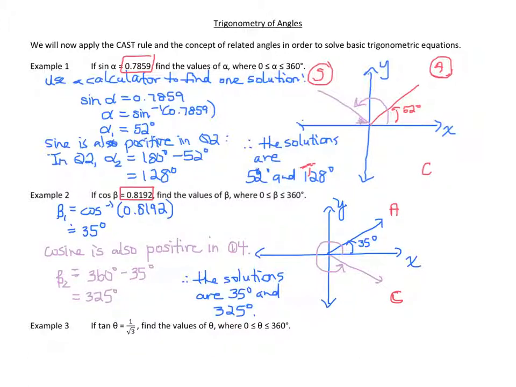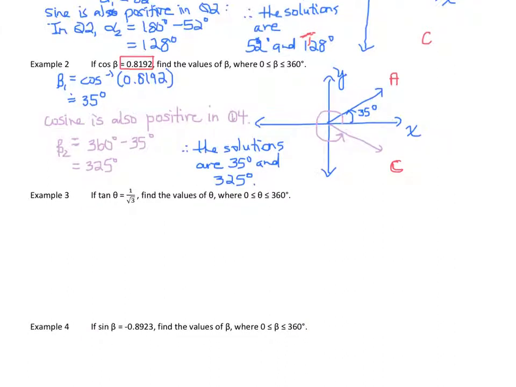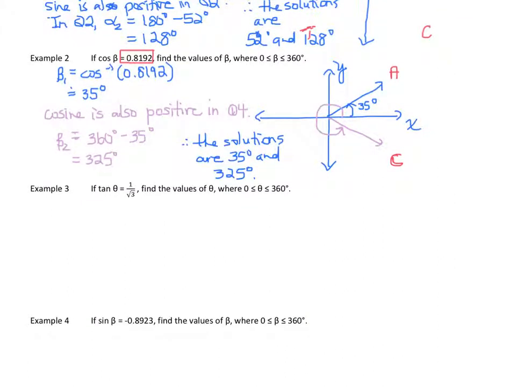Moving on, if tan theta equals 1 over root 3, find the values of theta between 0 and 360 degrees. Now this tangent ratio is given in exact form, and so we can use special triangles to solve this one.